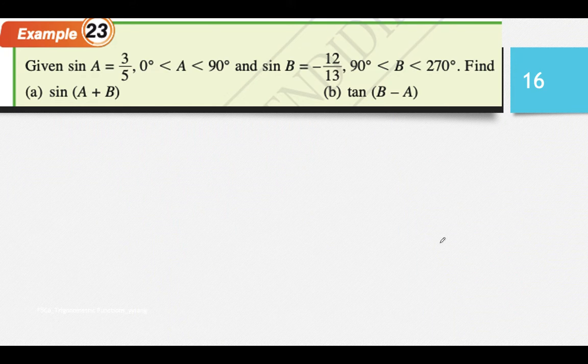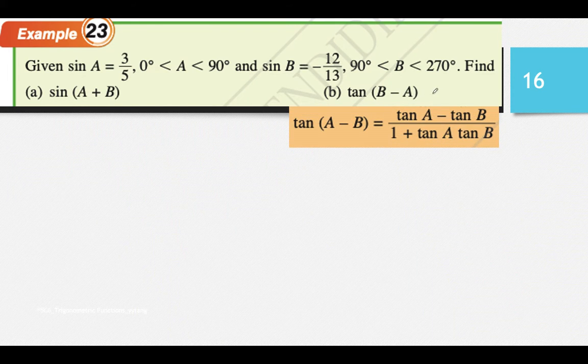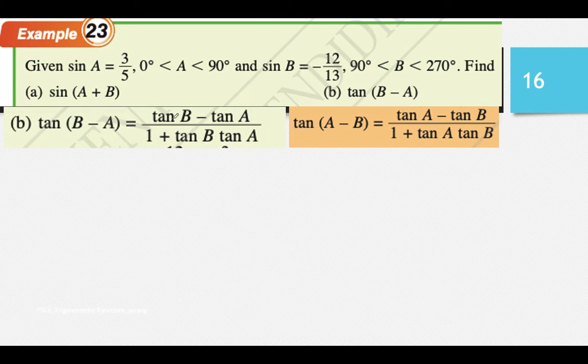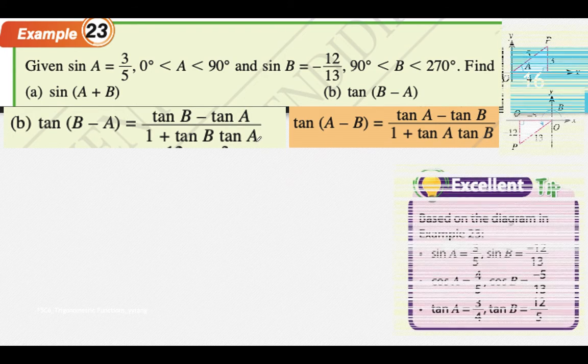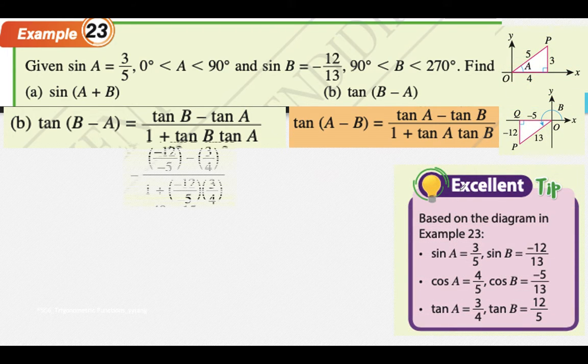Okay, next, tangent B minus A. For B minus A, I use the minus formula. Minus means tangent minus tangent over 1 plus tangent tangent, AB, AB. Now later you BA, BA. So BA, BA. Also use the same thing, applying now. Tangent B here, copy.